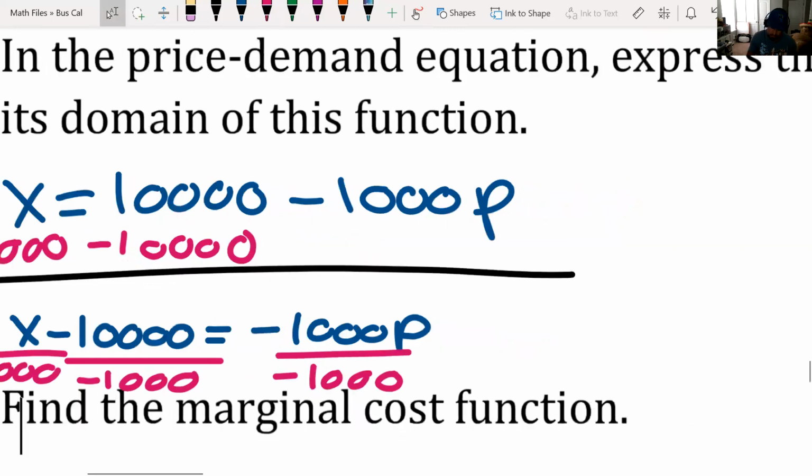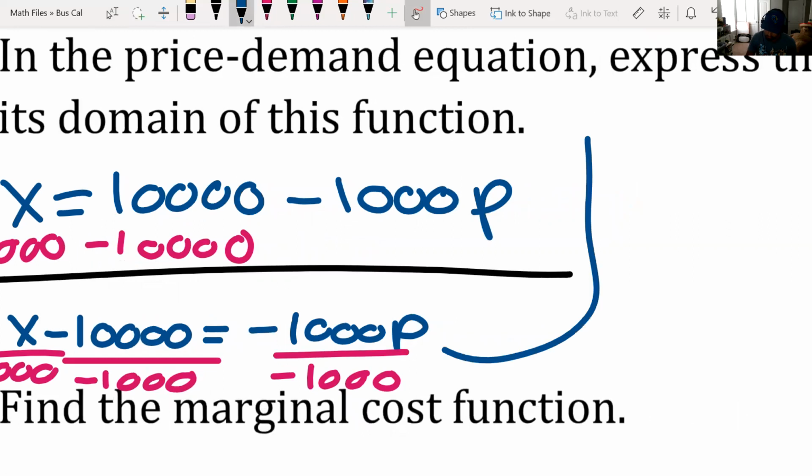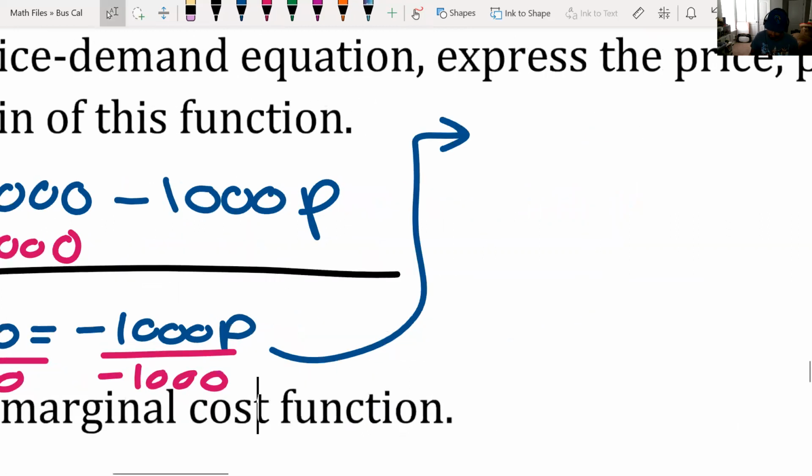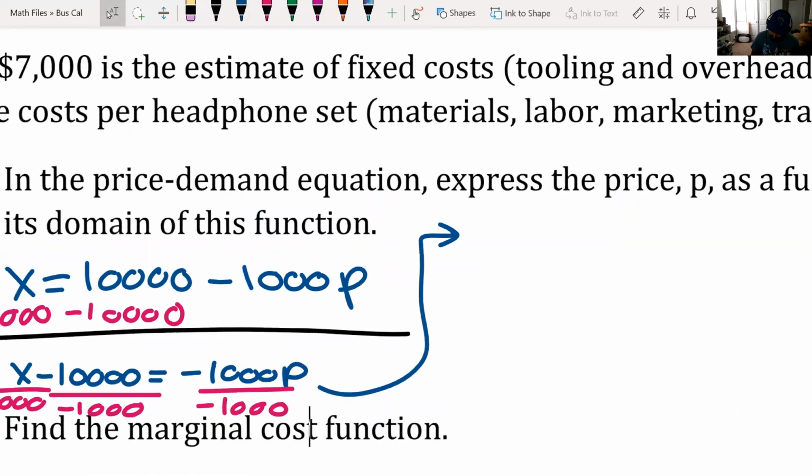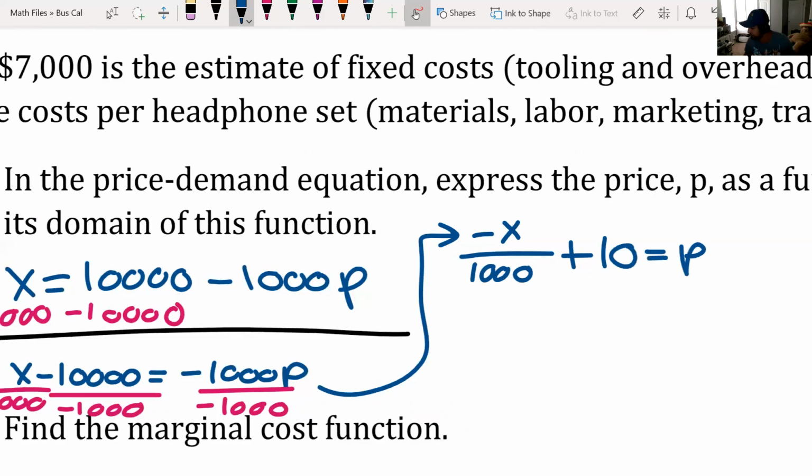All right. You'll get negative X over 1,000 plus 10,000 over 1,000, that is just 10, equal to P.